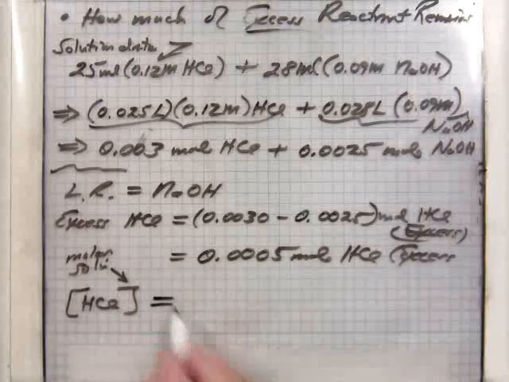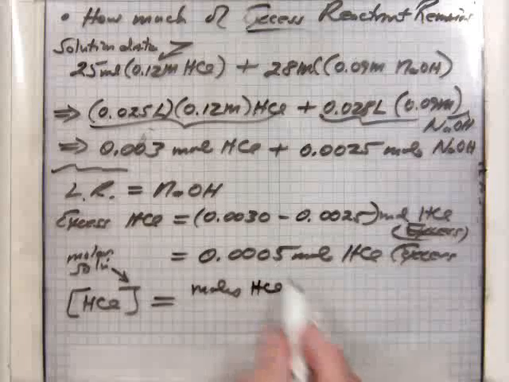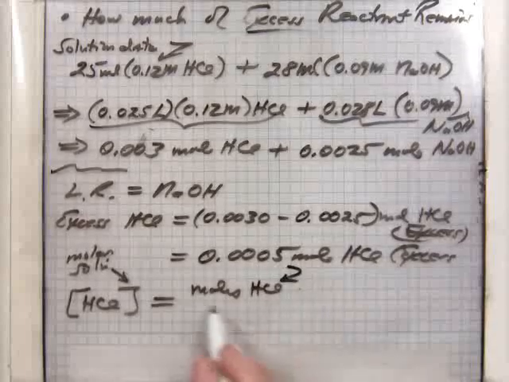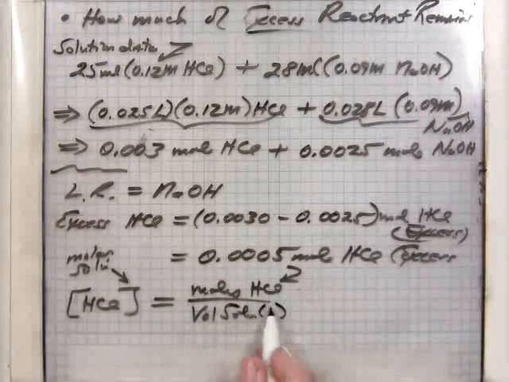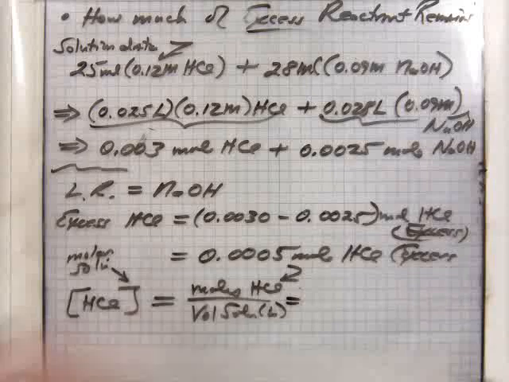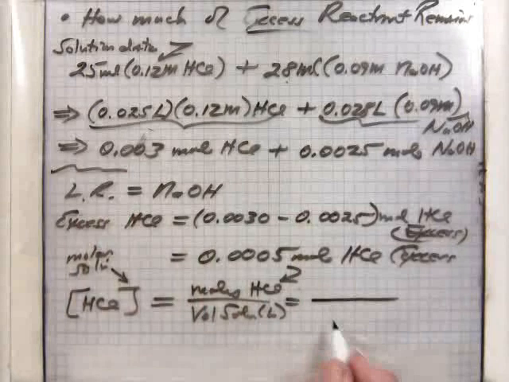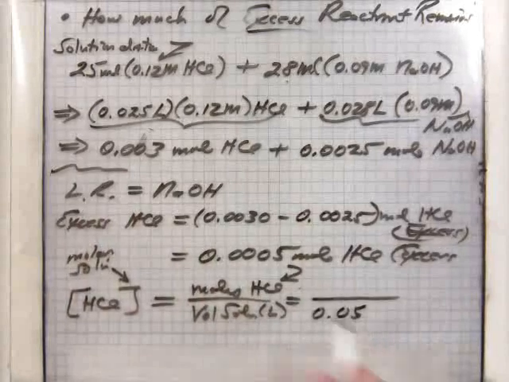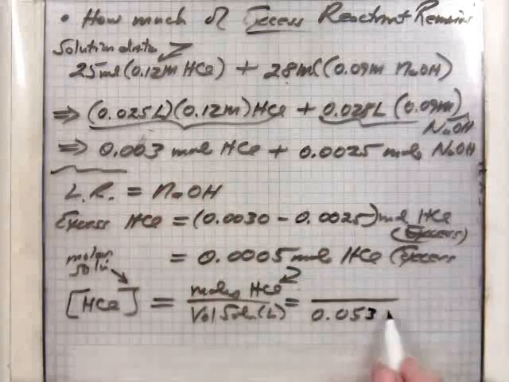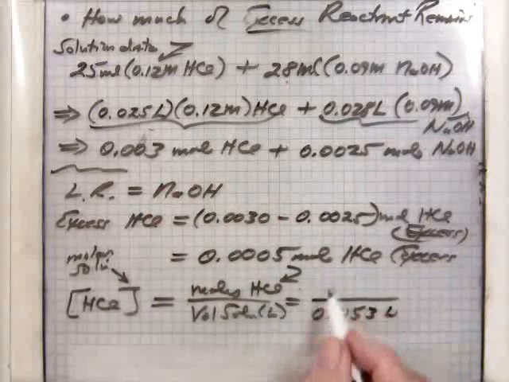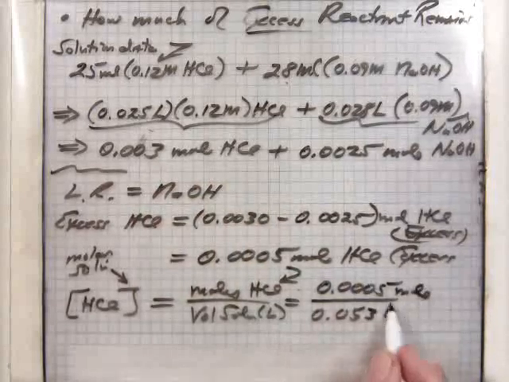So the concentration of HCl is moles of HCl remaining, that's the excess, divided by the volume of solution expressed in liters. And so you mix 25 and 28, which gives you 53, that's 0.053 liters, and the moles is 0.0005 mole per liter.